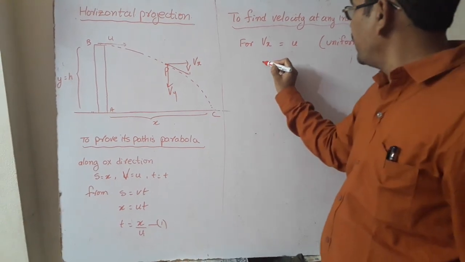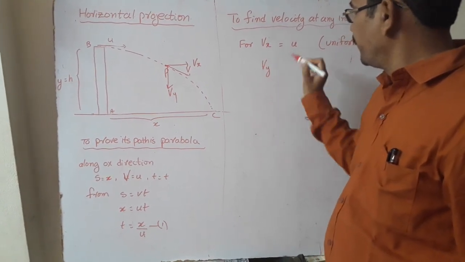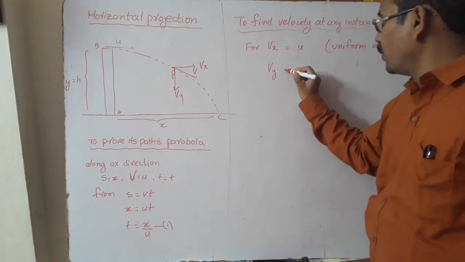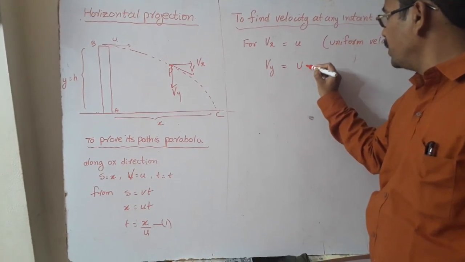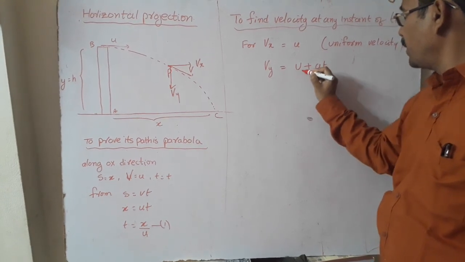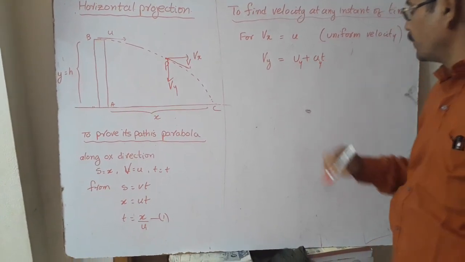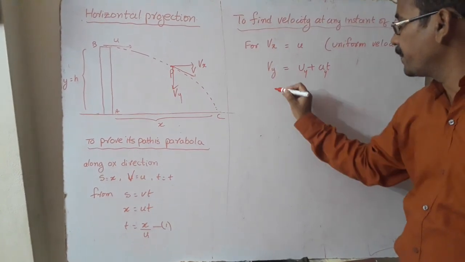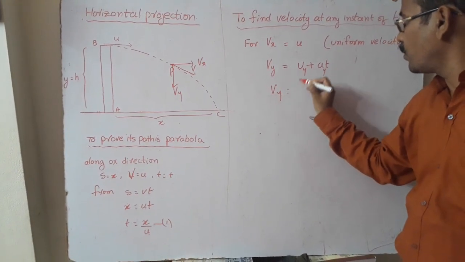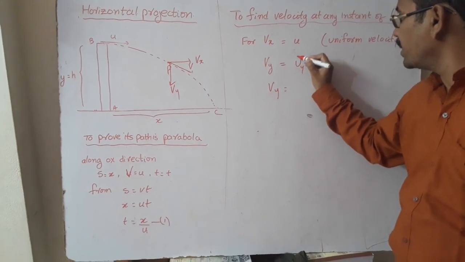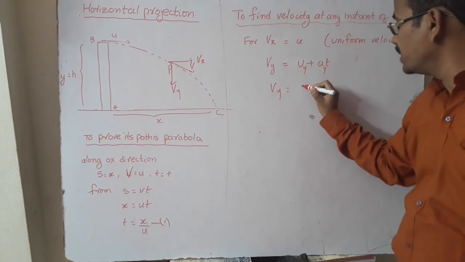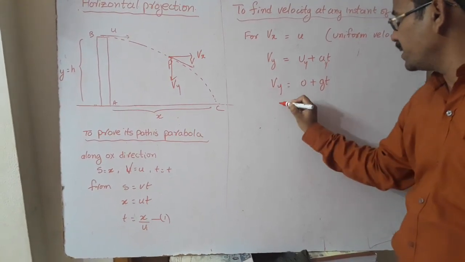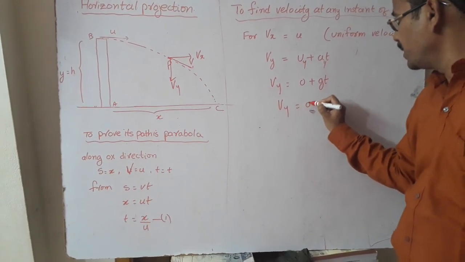To find Vy, we must think along vertically downward direction. We use v is equal to u plus at formula. Here y is for vertically downward direction. Vy is equal to what? Initial velocity in vertically downward direction is 0, plus acceleration gt, that is Vy is equal to gt.